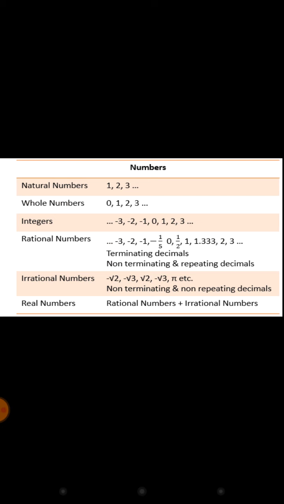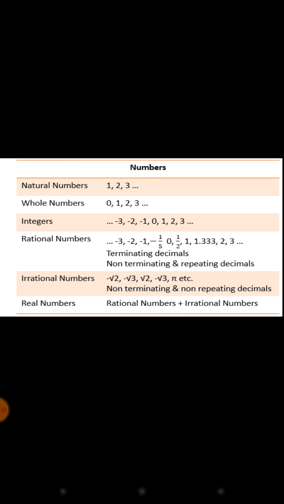And in this chart you can see the different types of numbers: natural numbers, all the counting numbers 1, 2, 3 and so on; whole numbers 0, 1, 2, 3, which are natural numbers including 0; and integers, -3, -2, -1, 0, 1, 2, 3 and so on.